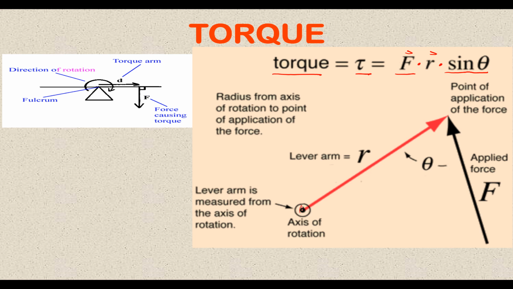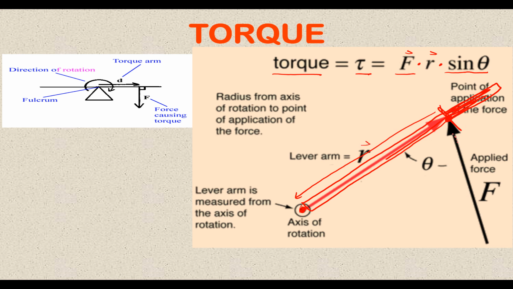So this is the point of rotation, and there's a beam here. You don't see it, but there's the beam, and it could be longer. There's a force pushing on it at this point. That distance is r, the r vector.